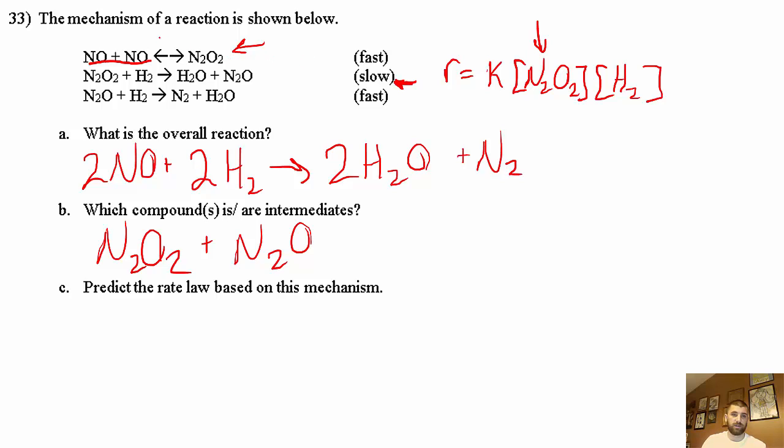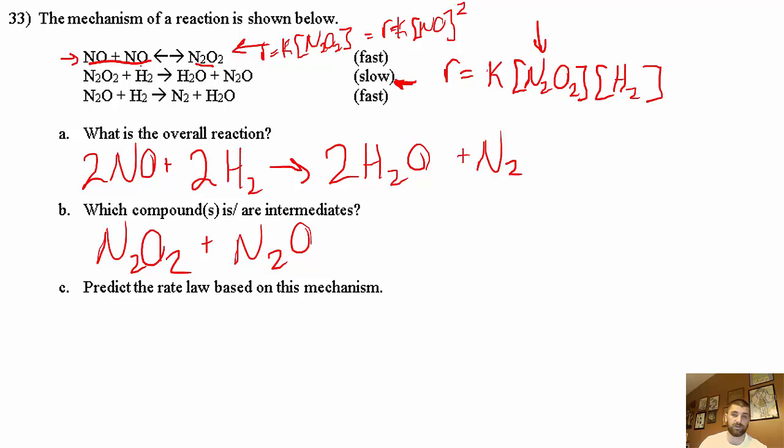All right, well, it's in equilibrium, so the rate of the forward has to equal the rate of the reverse. Well, I know that the rate of N2O2, K times N2O2, has to equal the same thing on the other side, the rate of K times NO squared, because I've got 2 of them.